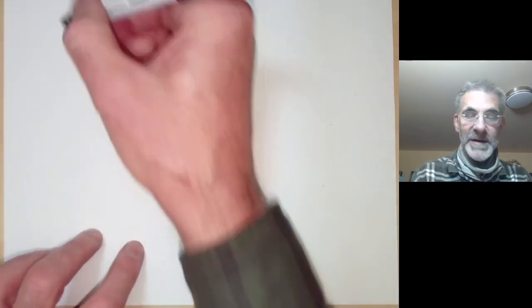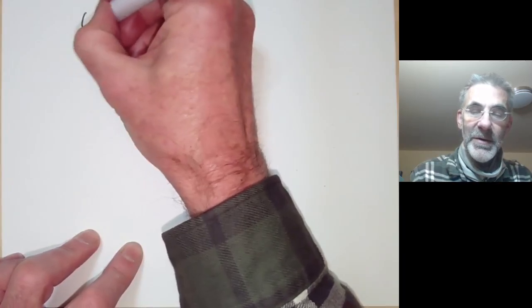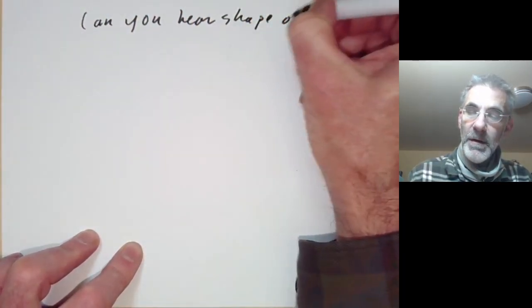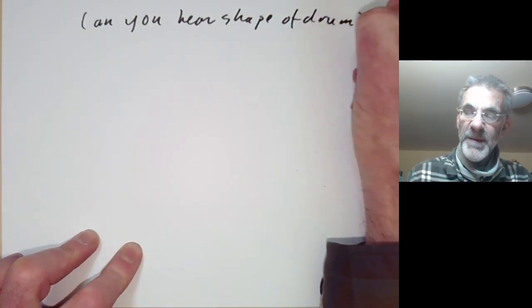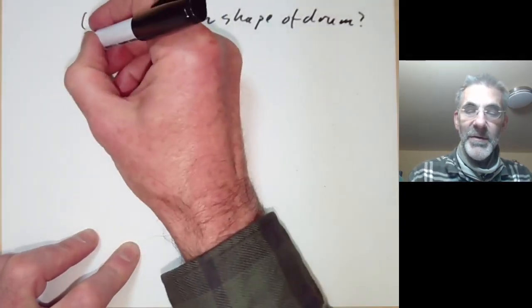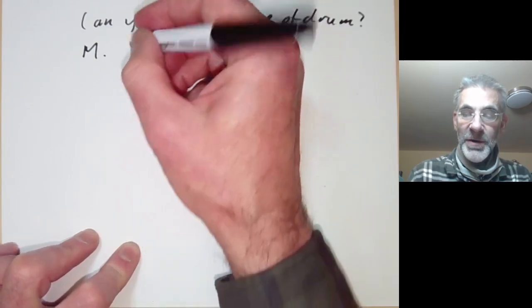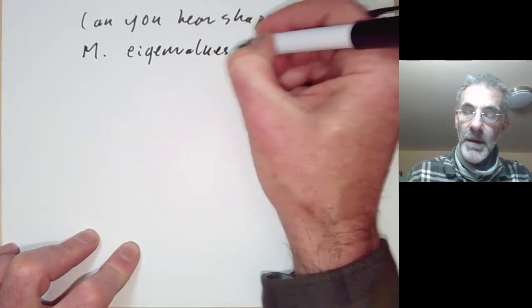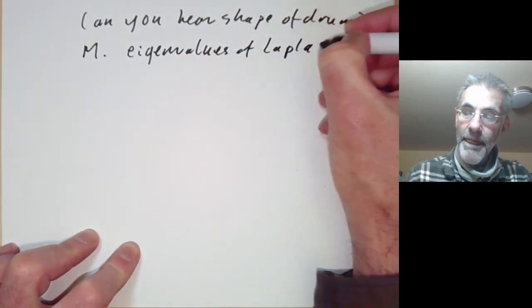Now I'll give a few more applications of this. So there's a famous problem. Can you hear the shape of a drum? So what this means is you take a Riemannian metric and you look at the eigenvalues of the Laplace operator on it.